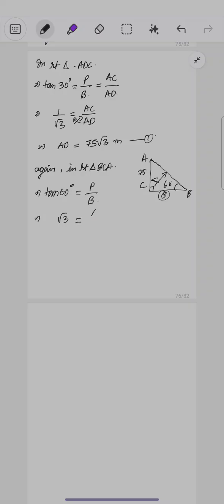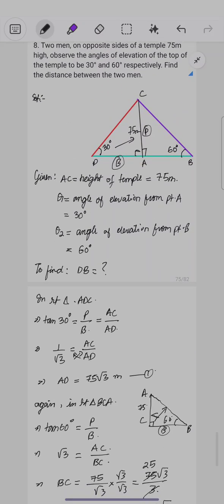So BC equals AC by root 3, which is 75 by root 3. Rationalize: 75 root 3 by root 3 into root 3, which is 75 root 3 by 3, which is 25 root 3 meter.